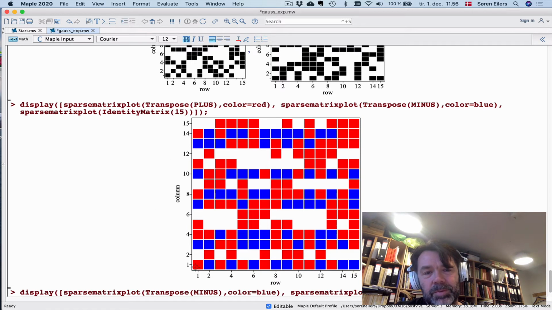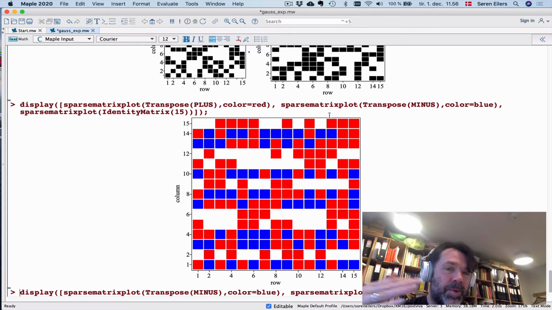So first we printed the identity matrix, which gave us little black boxes here. Then we printed the -1 in blue, and then finally the +1 in red. And so what happens, you can see there's a very clear pattern here. Some of the rows, I only see red.